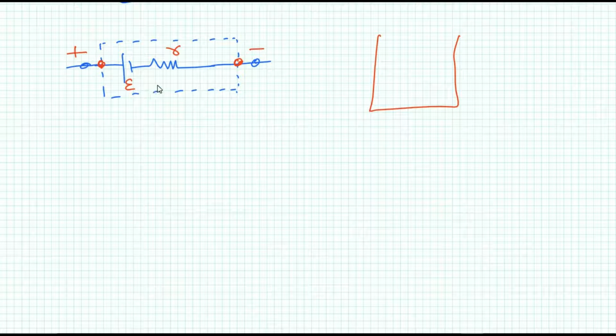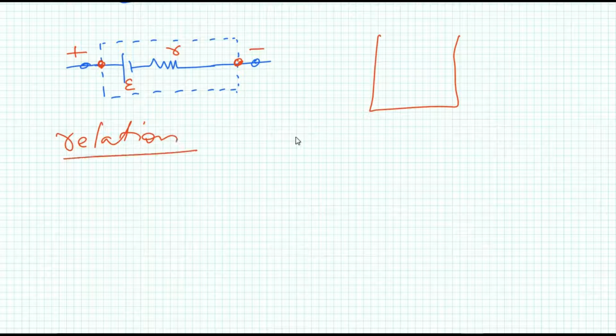So here, to show the relationship between the EMF, terminal voltage and internal resistance, we first draw a simple circuit diagram.